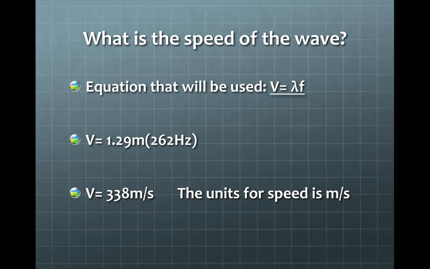So we put v equals 1.29 meters times 262 Hz. The answer we get is v equals 338 meters per second. The units for speed or velocity are meters per second.